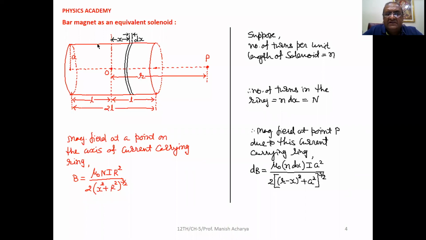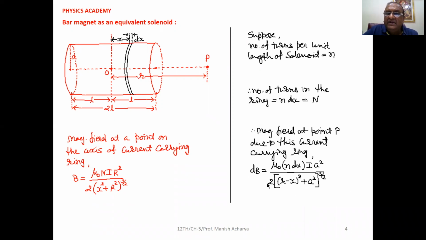If we consider the solenoid is made of this type of large number of thin rings, starting from one end to the other, and due to each one we calculate the magnetic field at point P, and then take the summation, we will get the resultant one. So for that, now we can use integration.